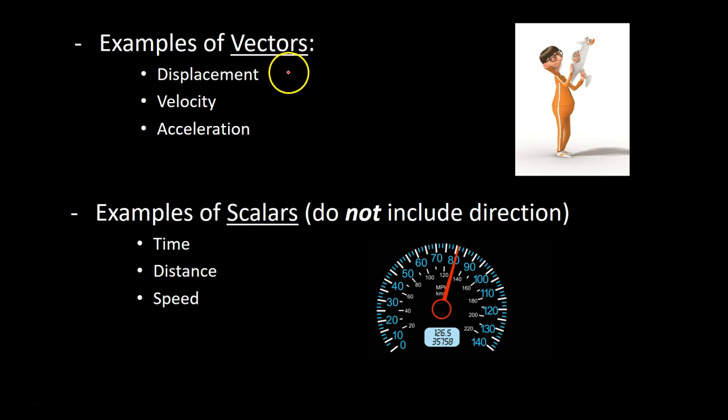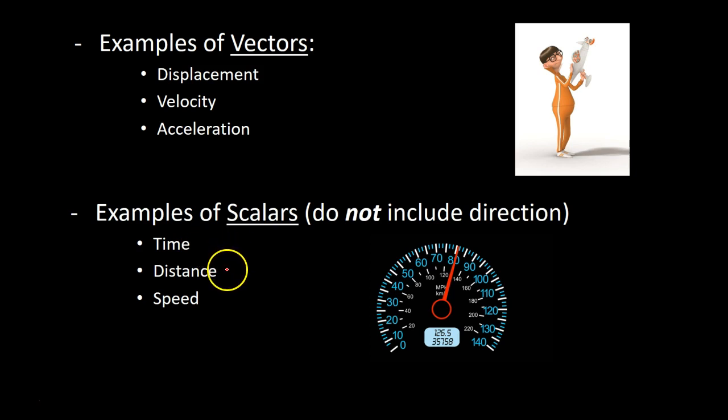Now, if something in physics is not a vector, it's going to be a scalar. A scalar is simply a quantity that does not include direction. An example is time. If you look up at the clock, you don't say, oh, it's 2 p.m. north. Direction doesn't affect the time on the clock. 2 p.m. north isn't any different than 2 p.m. south. You don't include direction. It's not needed, therefore time is a scalar.